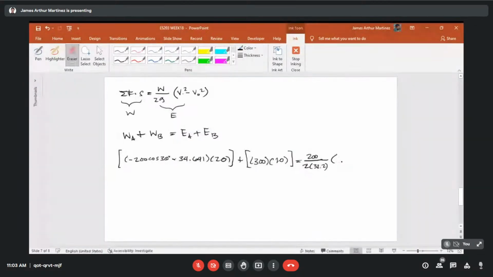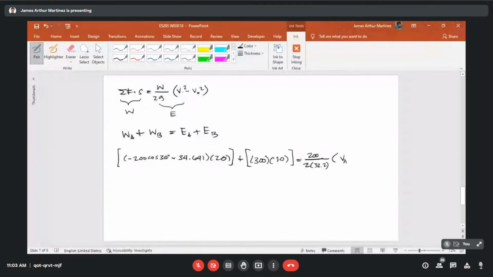VA squared minus 0 squared, since the initial velocity is equal to 0, plus the energy exerted on block B. So the weight of block B, which is 300 pounds, divided by 2 times 32.2, multiplied by the velocity of B squared minus 0 squared, since the initial velocity is also equal to 0, since the whole system started from rest.